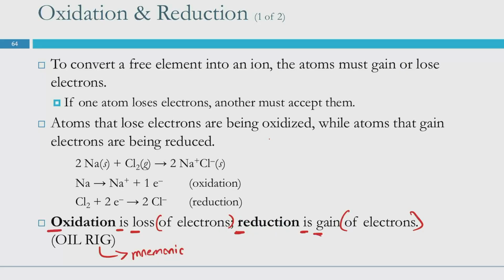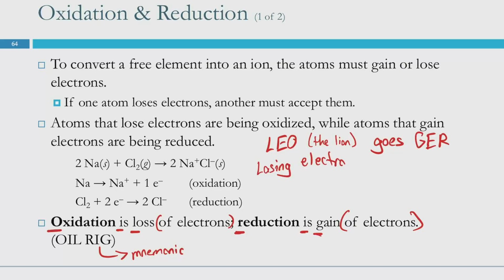There's another one. LEO goes GER. What kind of animals say grr? Lions. LEO the lion goes GER. And this one might be better for some of you if you don't remember the of electrons part of OIL RIG, because it's got electrons built into it.